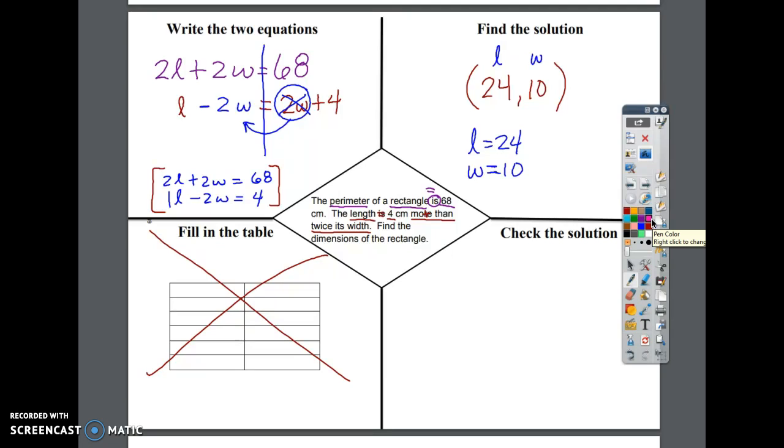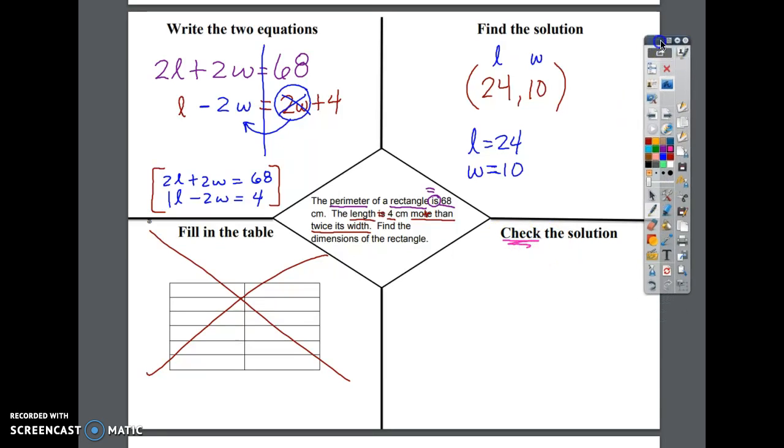So that's what I want you to do for all the problems, and I also want you to check the solution. So this is how you're going to check it. You're going to use the formulas, the equations that you wrote at the very beginning. So 2L plus 2W equals 68. And you're going to put parentheses around the L and the W. So 2 parentheses, that's my L, plus 2 parentheses, that's my W, equals 68.